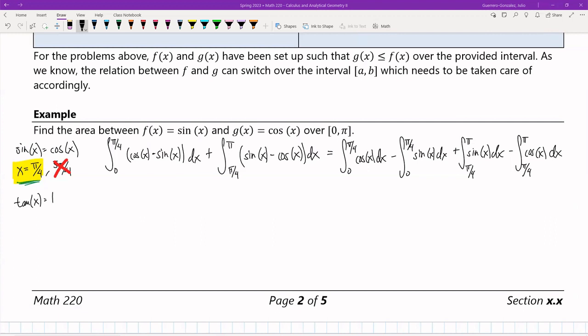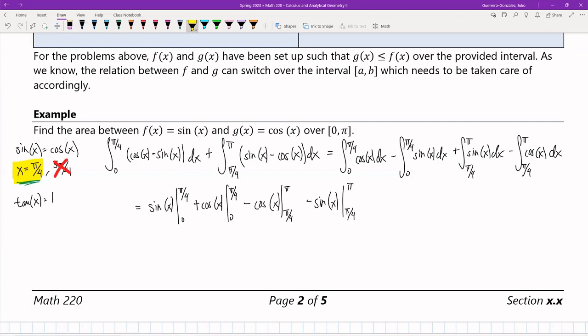All right, so when we evaluate, this is going to be equal to sine of x evaluated from 0 to pi over 4, plus cosine of x evaluated from 0 to pi over 4, minus cosine of x evaluated from pi over 4 to pi, minus sine of x evaluated from pi over 4 to pi.